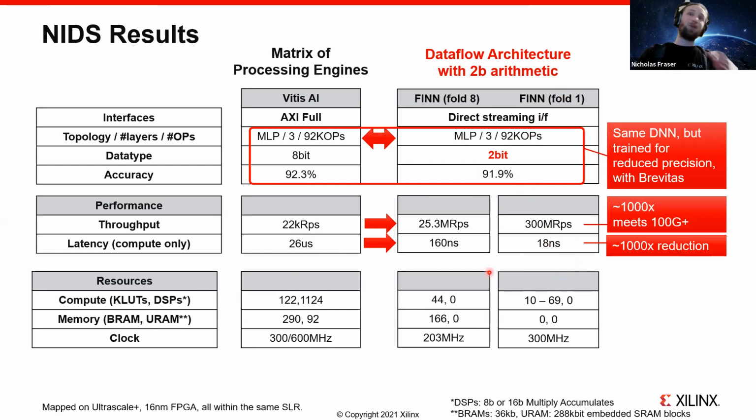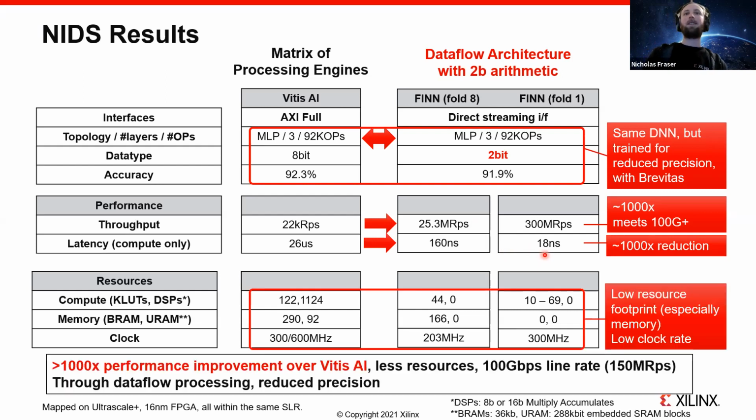So we're talking about 10,000x improvement in performance and 1,000x decrease in latency by going to FINN, going to a custom architecture. And it can still fit in a relatively small device.